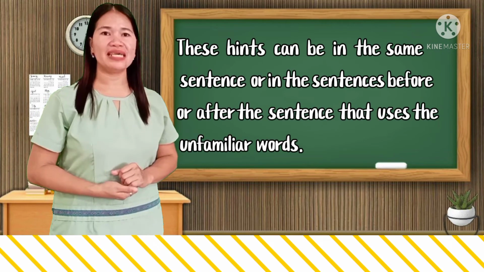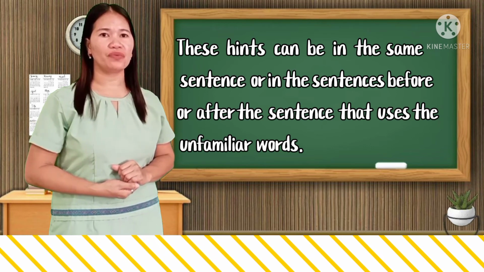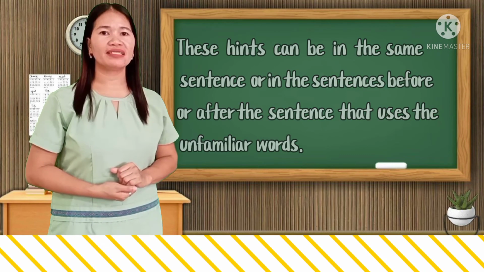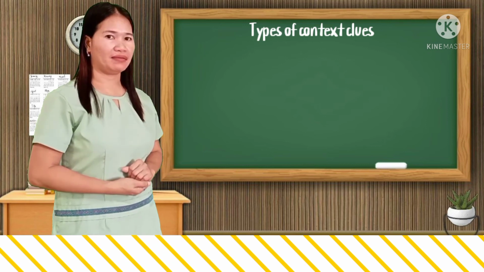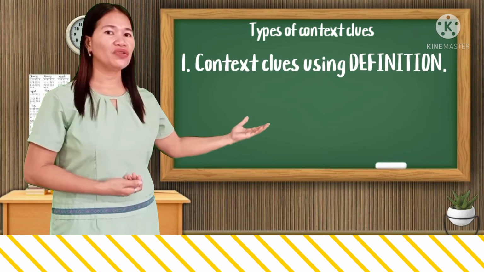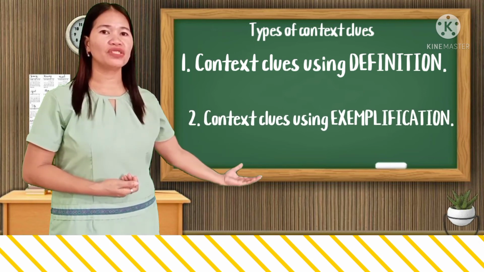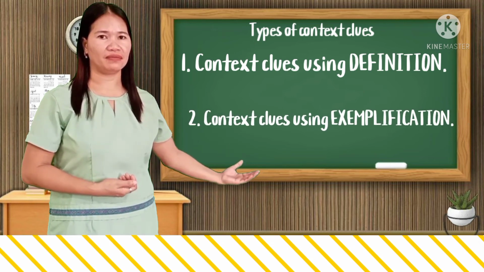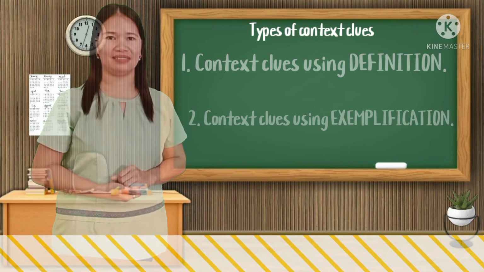These hints can be in the same sentence or in the sentences before or after the sentence that uses the unfamiliar words. There are several types of context clues, and two of them are: 1. Context clues using definition. 2. Context clues using exemplification. Do you understand? Very good!